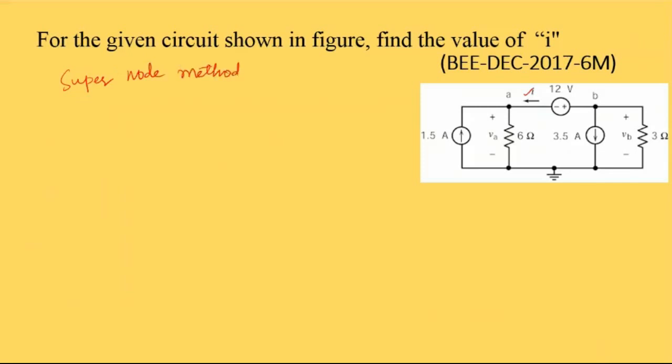As in supermesh, we saw it for a current source. Now it will be quite the opposite: here, in between two nodes, we will find a voltage source. So how do we write the equation?